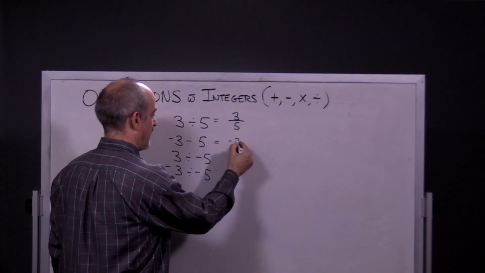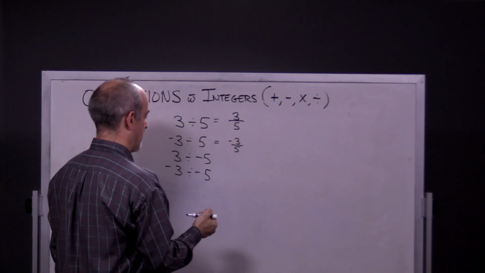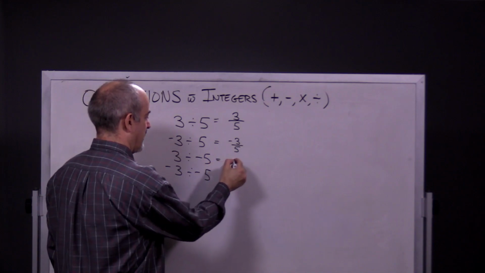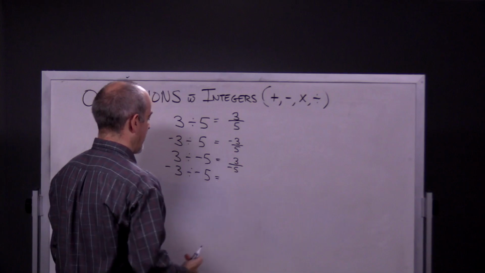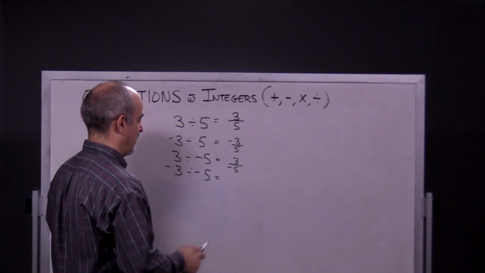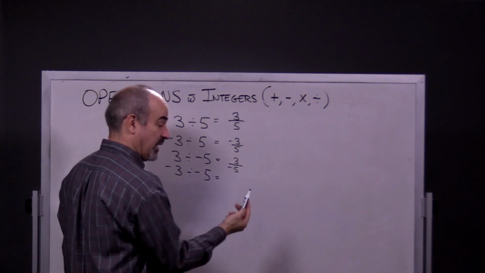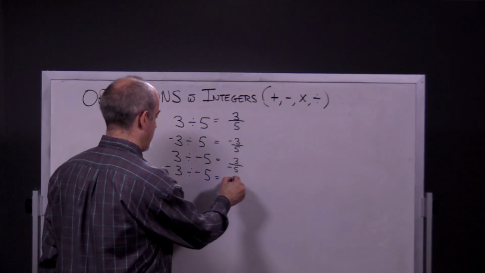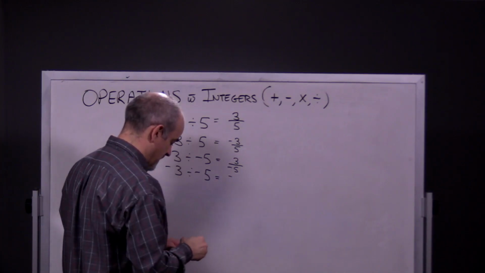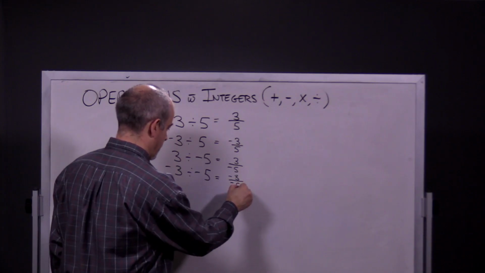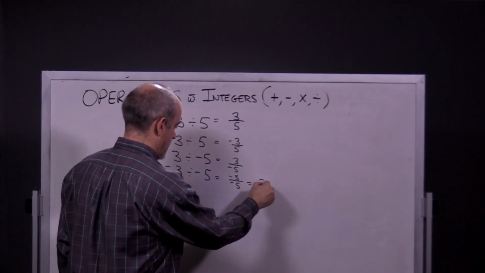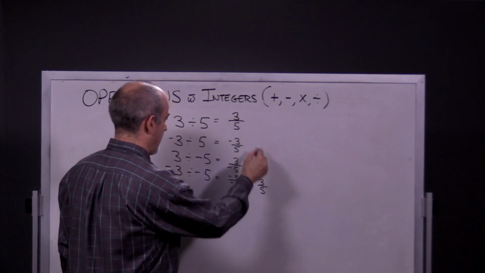Negative 3 divided by 5 would look like that. 3 divided by negative 5 would look like this. Now negative 3 divided by negative 5 would be negative 3 over negative 5, but the negatives cancel out. The negatives just represent the number negative 1, so they cancel out and you're left with 3 over 5.